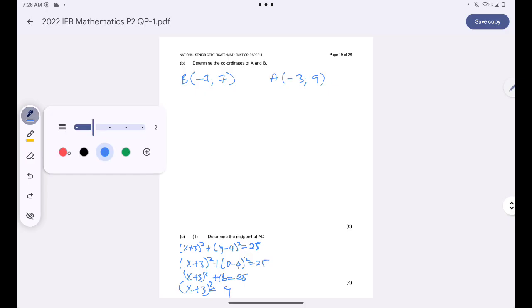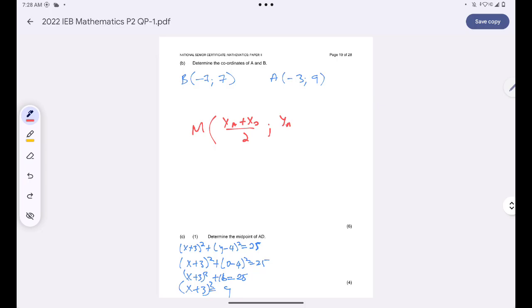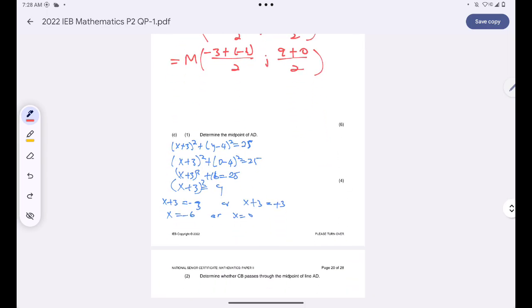Okay, so let's find the midpoint. Let's call the coordinates of the midpoint M. We simply say the x at A plus x at D all over 2, and y at A plus y at D all over 2. I have negative 3 plus negative 6 all over 2, and then I have 9 plus 0 all over 2.